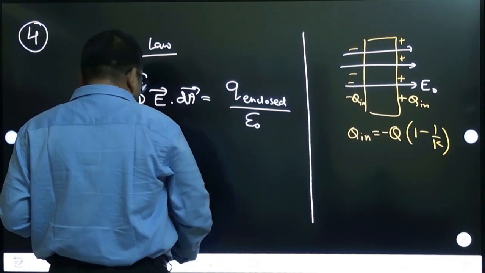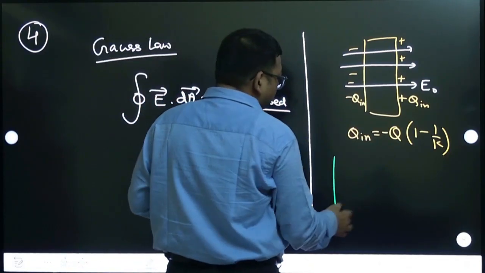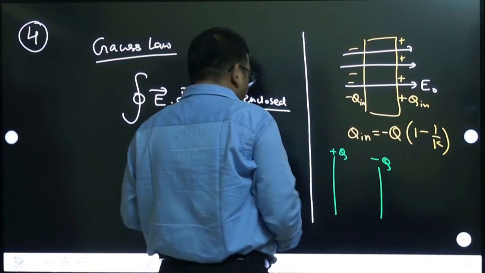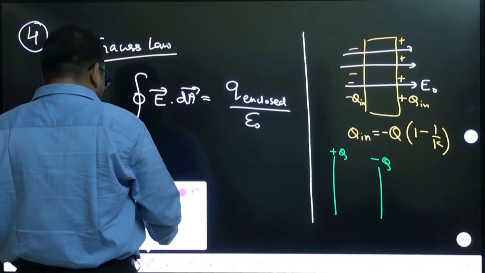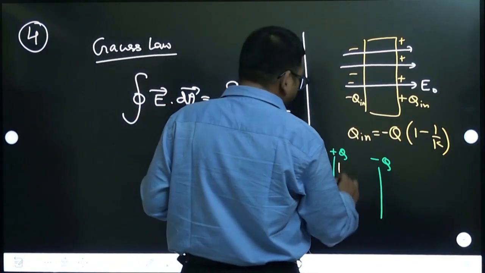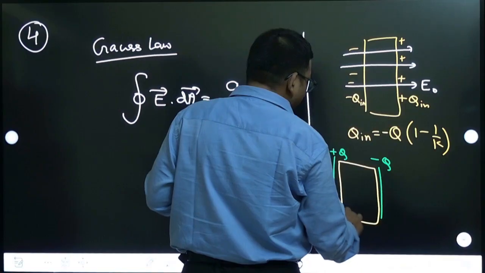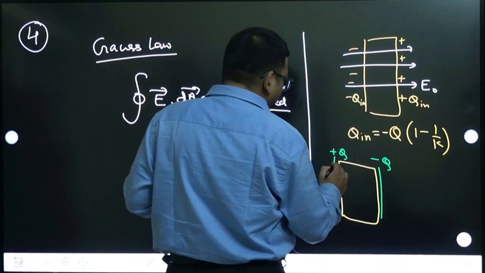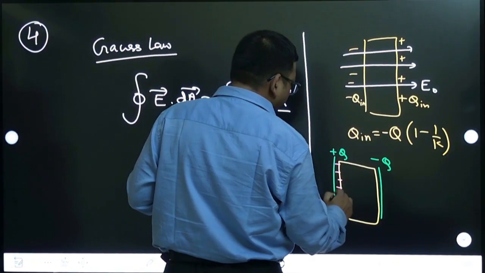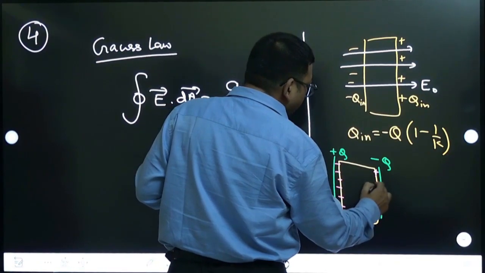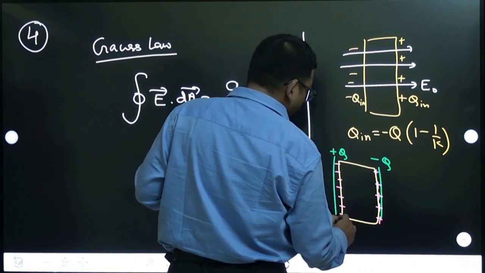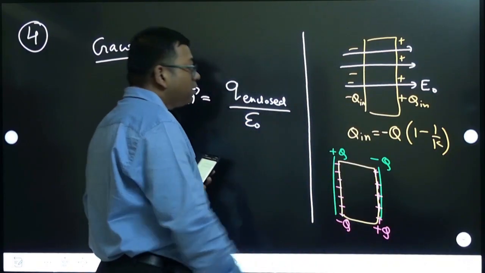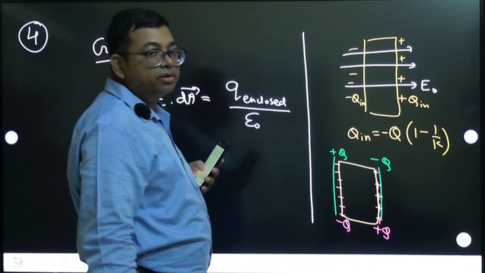For example, if you put a capacitor with plus q and minus q, that charge is the charge on the capacitor, and this surface of the medium you are keeping here develops negative charges, and this surface develops positive charges. That is given by this formula, right?